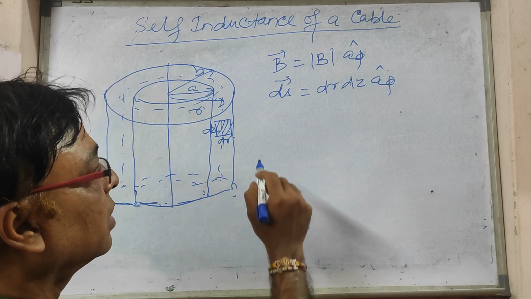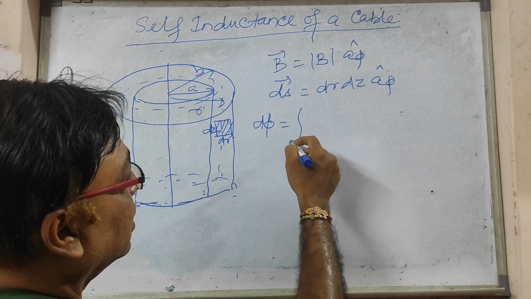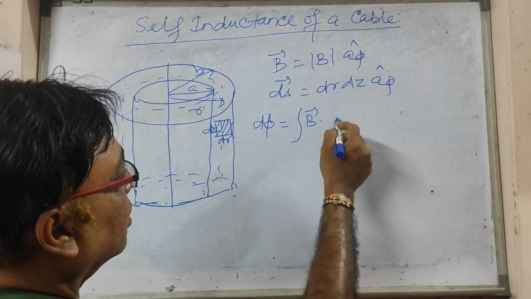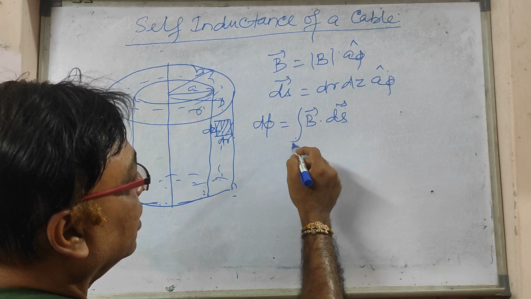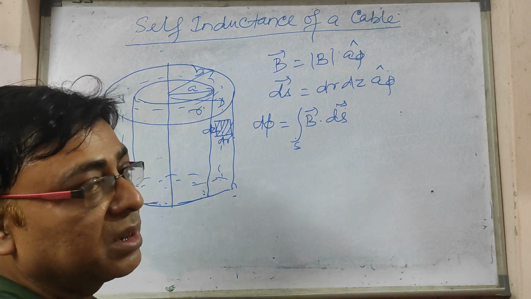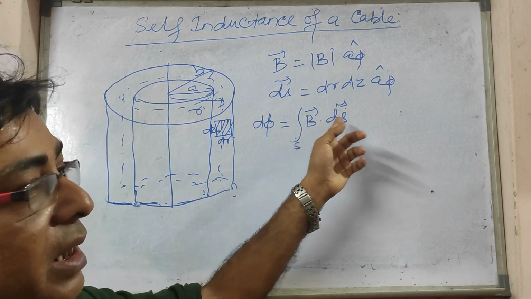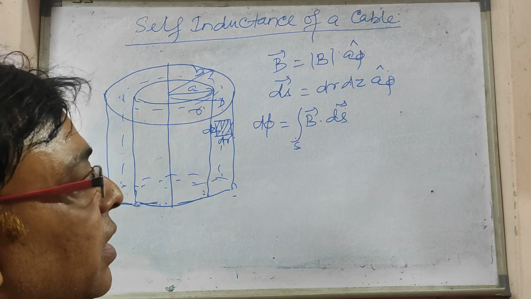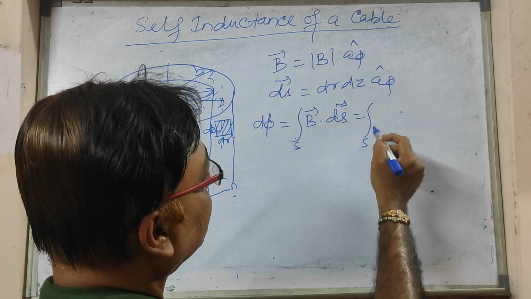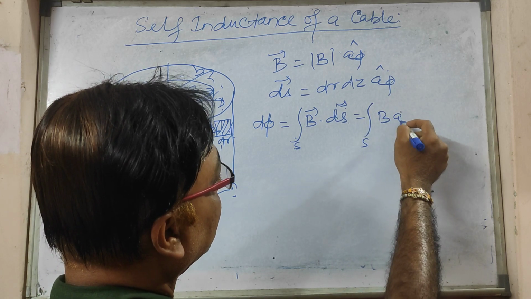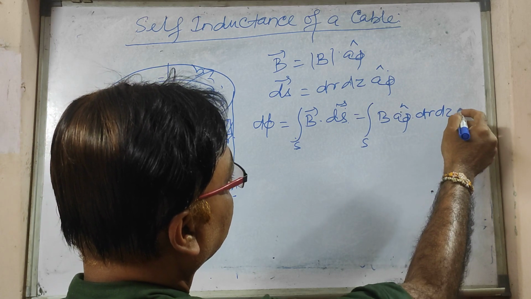As we know, the flux is represented by d phi, and that is the surface integration of the scalar product of B dot ds. B is the flux density and ds is the area vector, and if we substitute the values, it will be B a_phi dot dr dz a_phi.